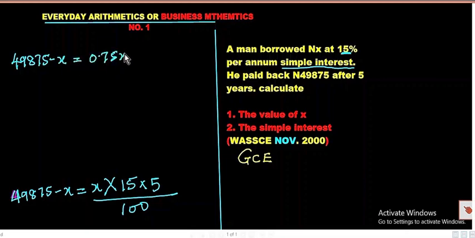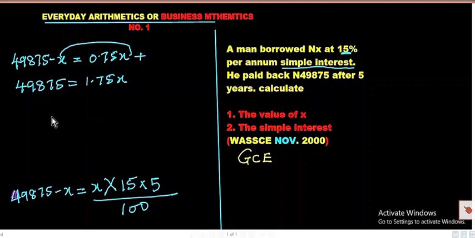You remember what I mean by that? 15 times 5 is 75. 75 divided by 100 is 0.75, but X has to multiply it. Therefore, I'm going to have 49875 is equal to 1.75X, because this minus is going up here to become plus.